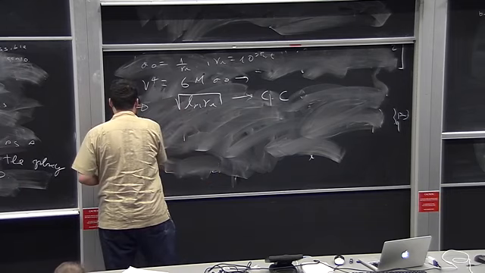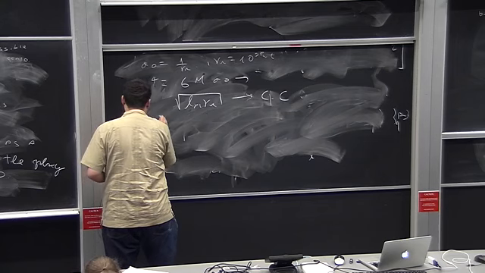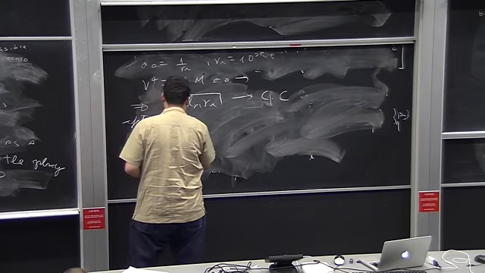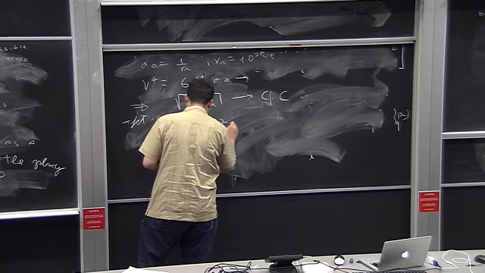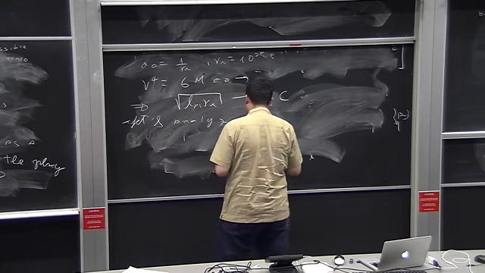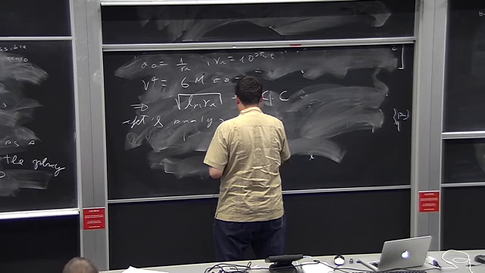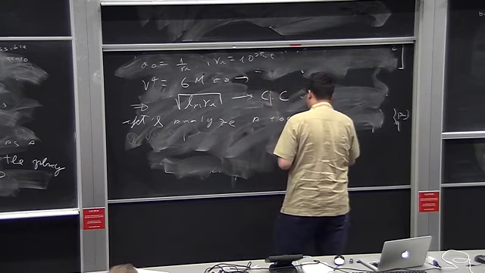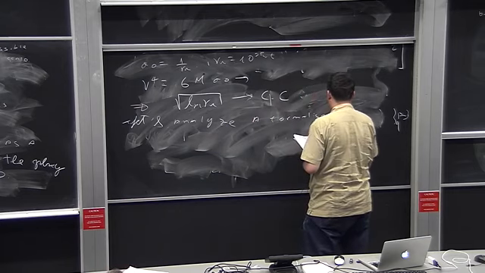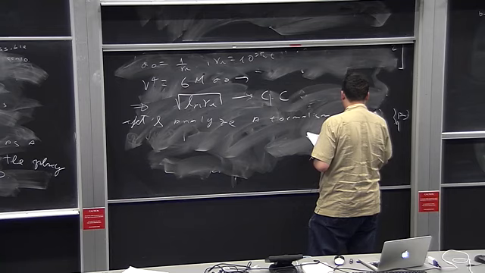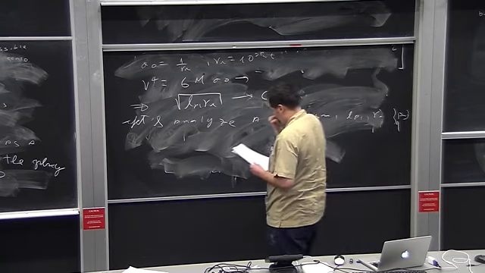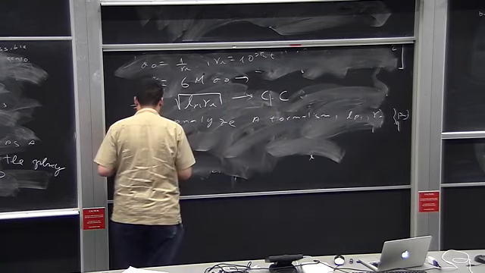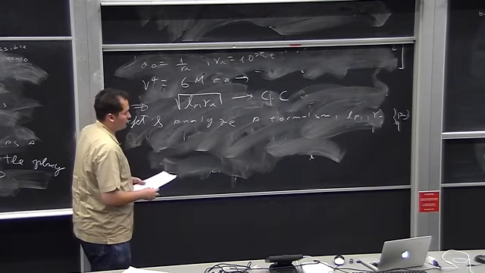First, let's analyze the Q-Bargmann-Fock formalism, where I introduce two scales, the Planck scale and the cosmological constant scale.